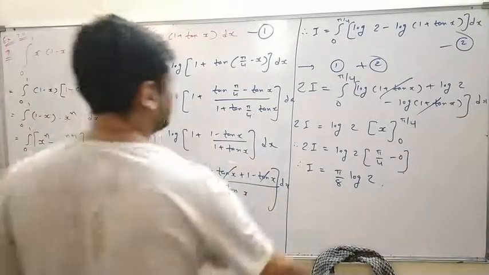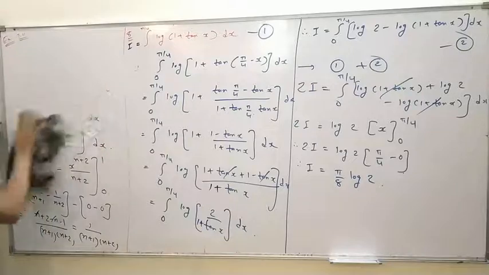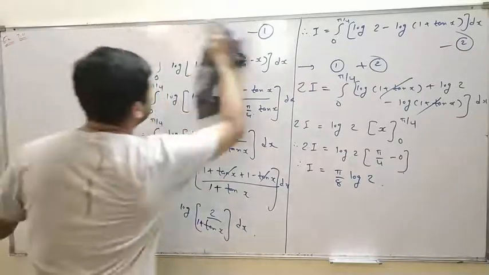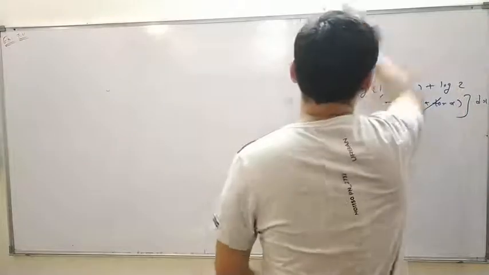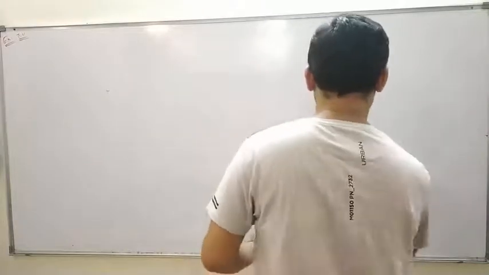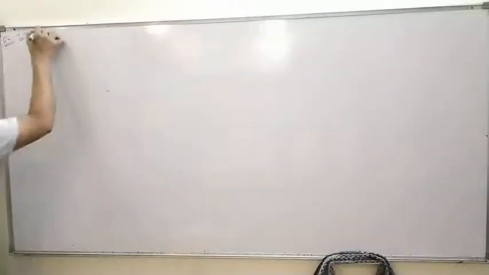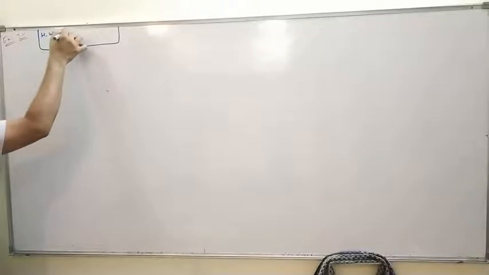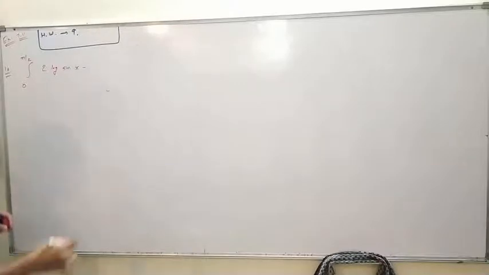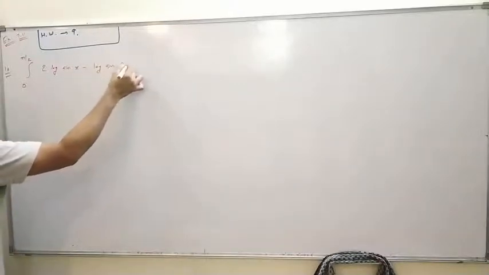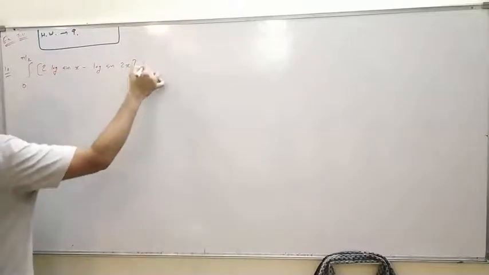Now question number 10: integral 0 to pi by 2 of (2 log sin x minus log sin 2x) dx.